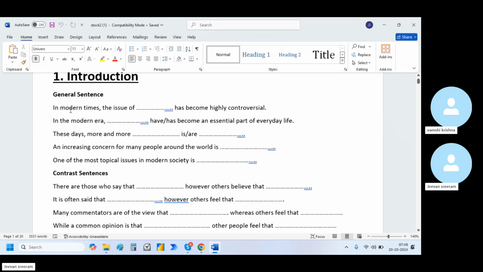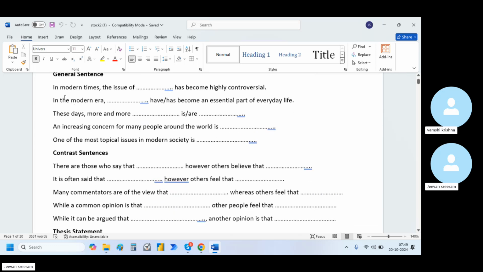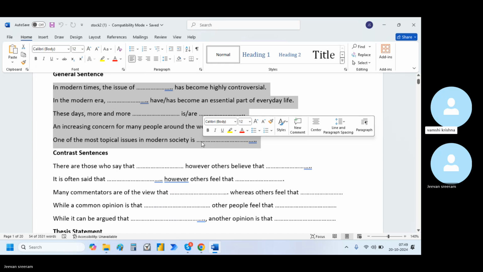We have to start with a general sentence, right? We have to write a general sentence in the beginning of the response, as a part of the introductory paragraph. So out of these options, which stock phrase do you want me to take? The modern era. In this modern era, acquiring decent education has become, right.